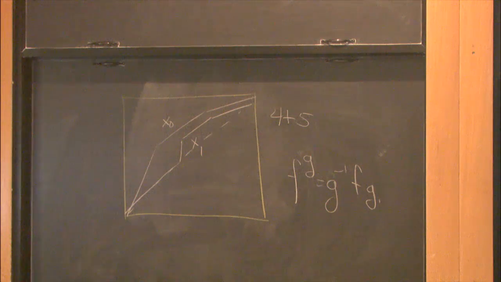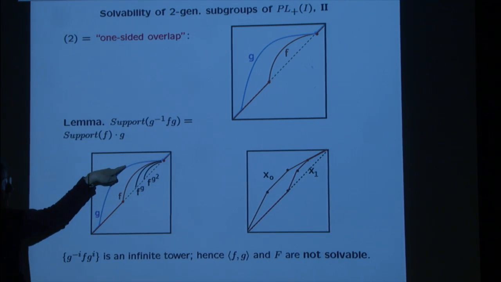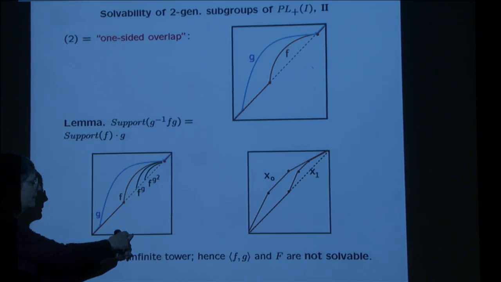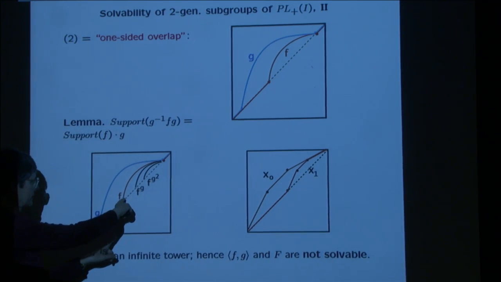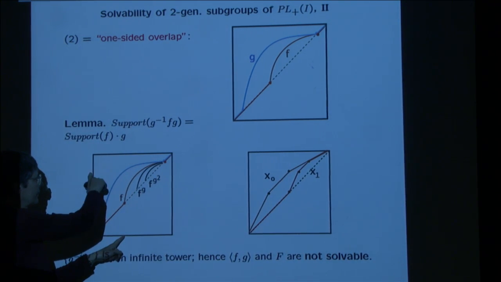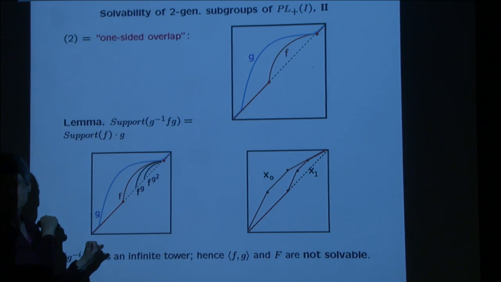So if I look at G inverse FG, what's going to happen is that this point moves up because G is up above the line. That says that a point directly under him is going to map to something about here. So this isn't a terribly believable picture at the moment.